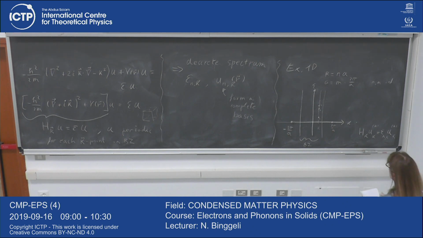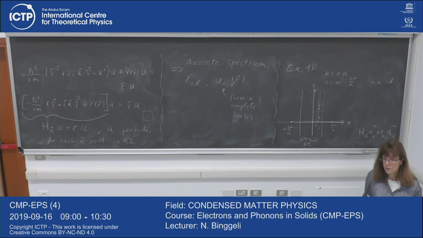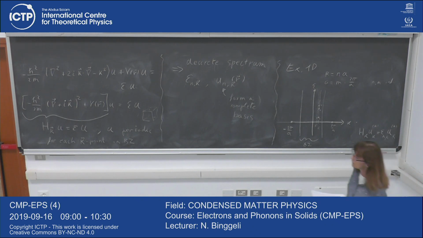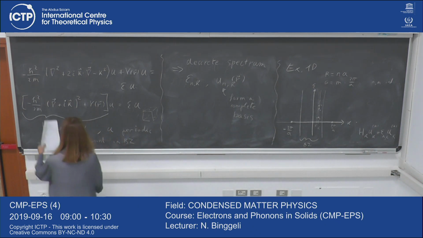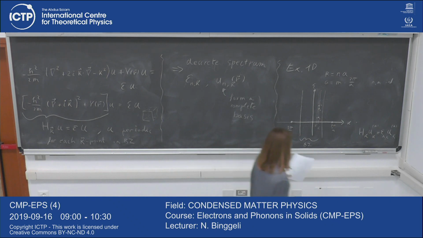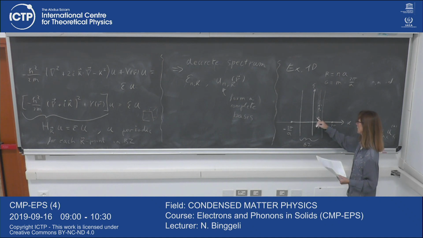Now, if I choose a K prime that is arbitrarily close to this K, my energy epsilon of K prime will be asymptotically close to the epsilon of K, because my H is an analytical function of K. So I can expect that when K prime gets closer and closer to K, my energy epsilon of K prime will asymptotically tend to the value here.